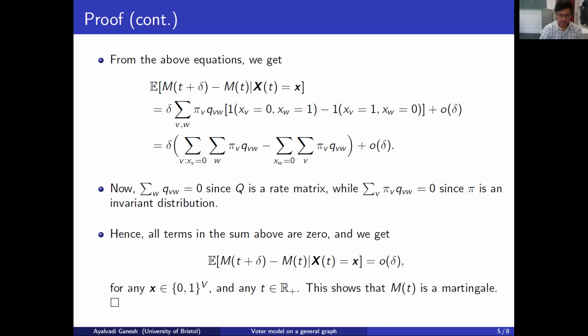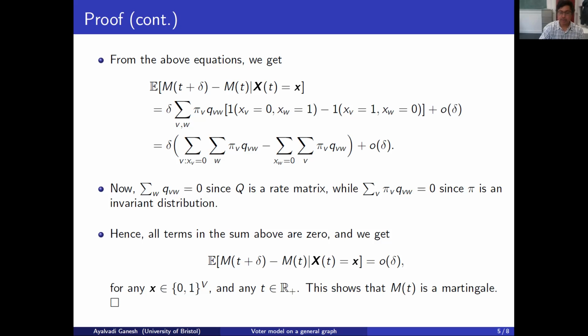We defined this process MT somewhat mysteriously by taking an inner product of pi and xt. It'll become clearer in the next lecture why we chose that, but given that we defined MT that way, what we've shown is that this process MT is a martingale.